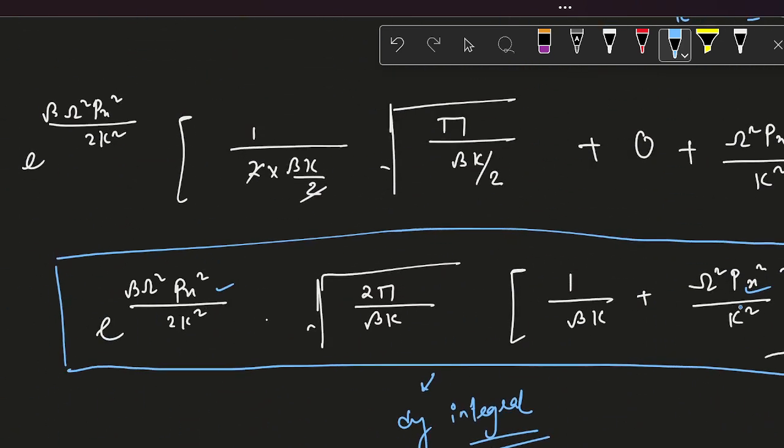So we are only left with the dpx integral, which will involve this exponential beta, this as px. So let us take the whole term.